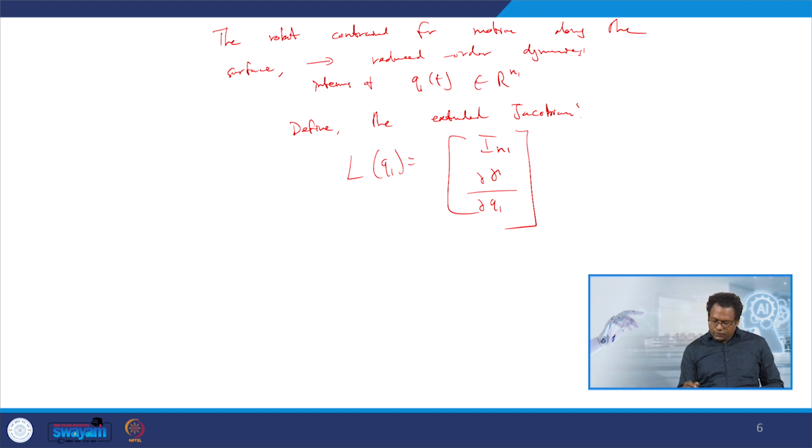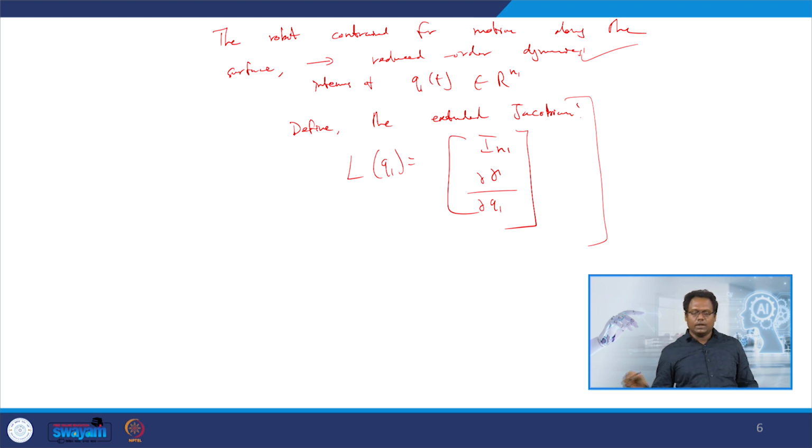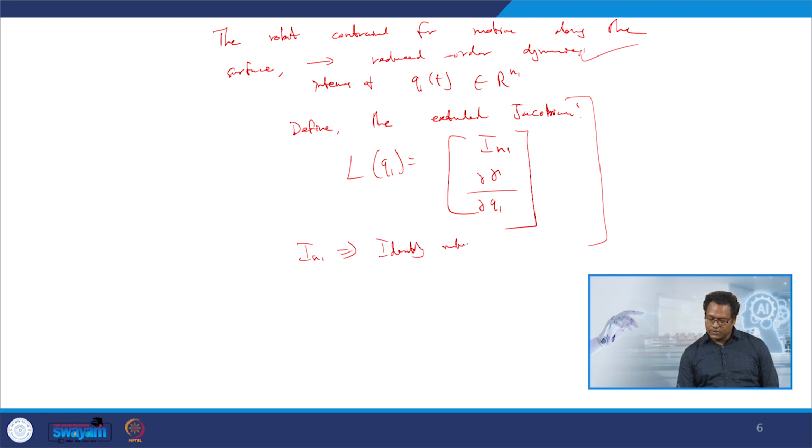Let us derive this reduced order dynamic model of the robotic system in interaction with the environment. Let us define the extended Jacobian matrix L of q1, given by first term I n1 and second term dou gamma with respect to dou q1, where I n1, as you can see, is an identity matrix of size n1 cross n1.